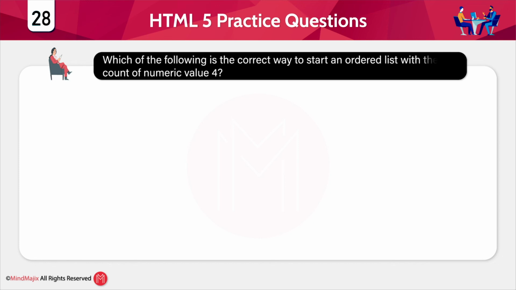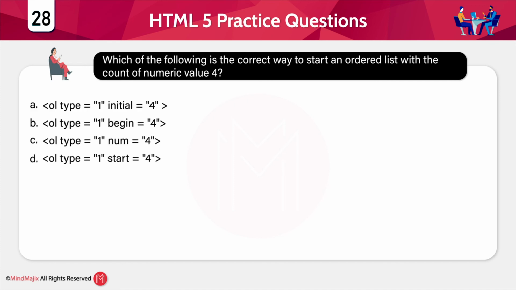Let's see the next question, 28th. Which of the following is the correct way to start an ordered list with the count of numeric value 4? I want it to begin with 4. From 4, I want to create 4, 5, 6, 7 like that. Which is the correct option? OL type equal to 1 initial 4, OL type equal to 1 begin 4, OL type equal to 1 number 4, OL type equal to 1 and start 4.